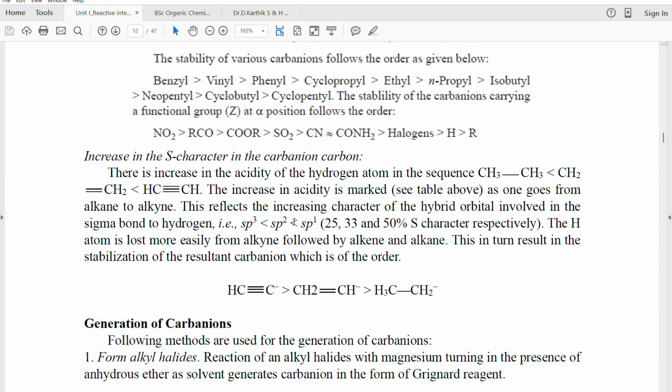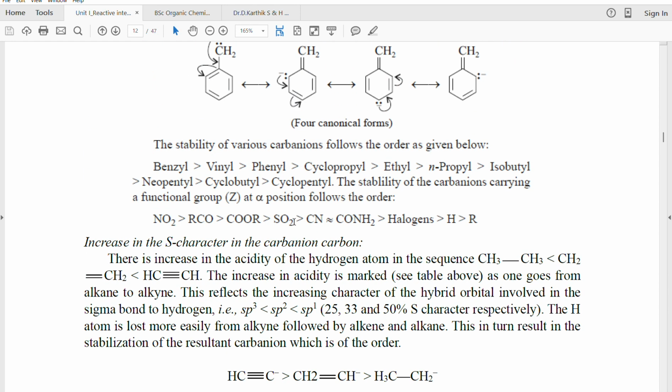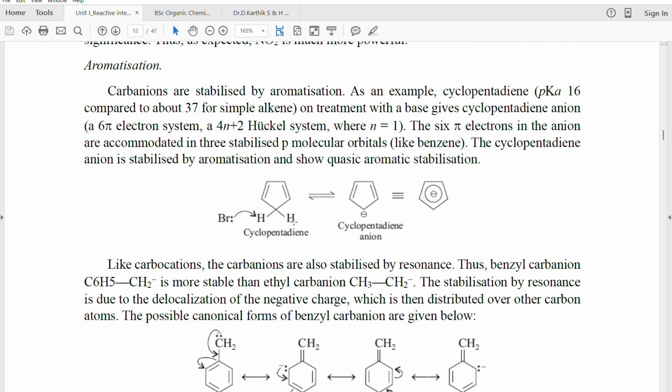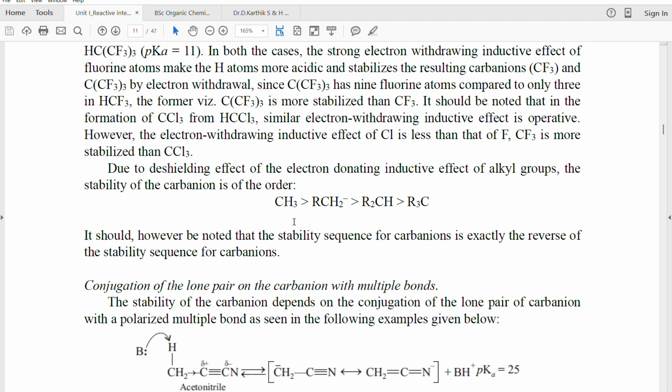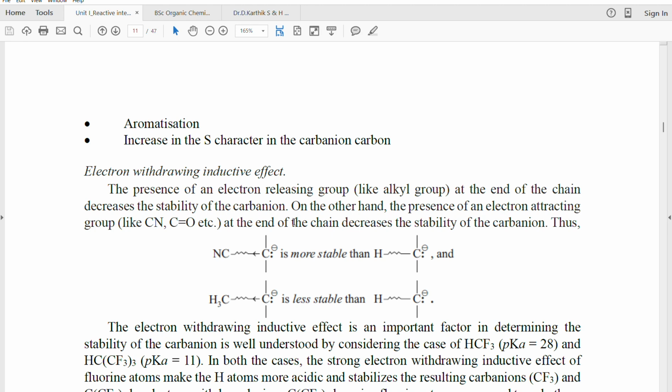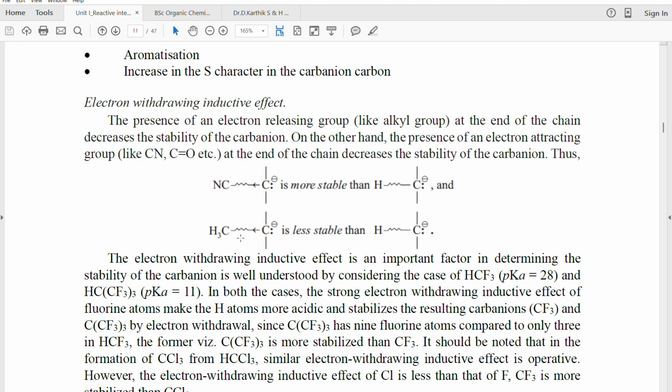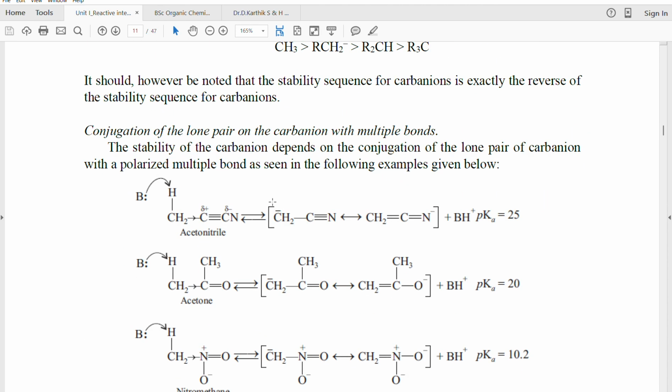So these are the total 4 factors which stabilize the carbanion. So the first one will be the inductive effect, right? So that is the electron withdrawing or electron donating. So the electron withdrawing groups will stabilize the carbanion, and second one is the conjugation or resonance structure, right?